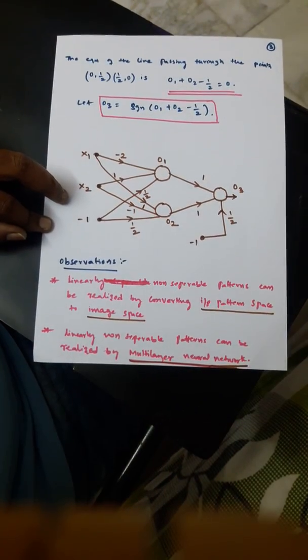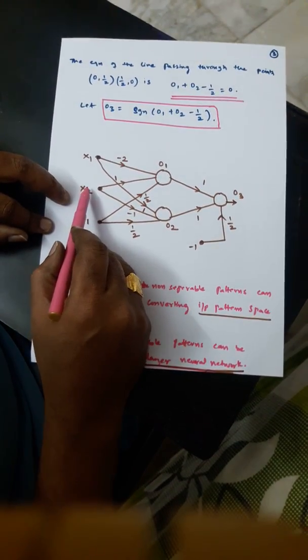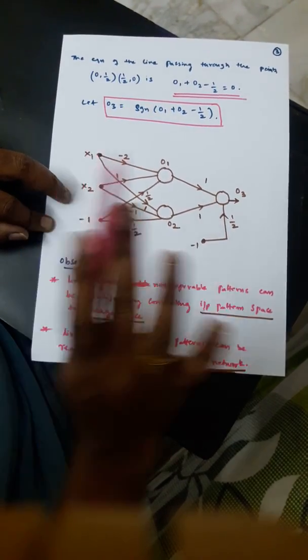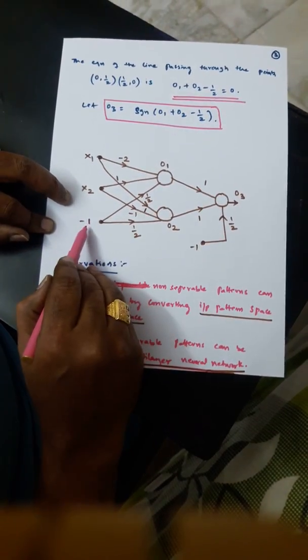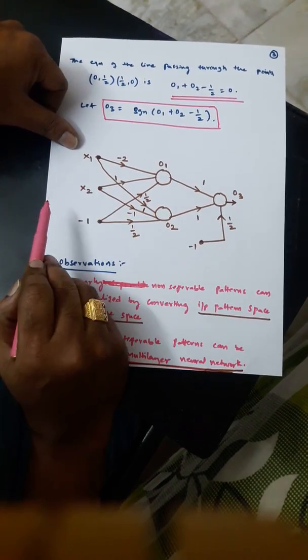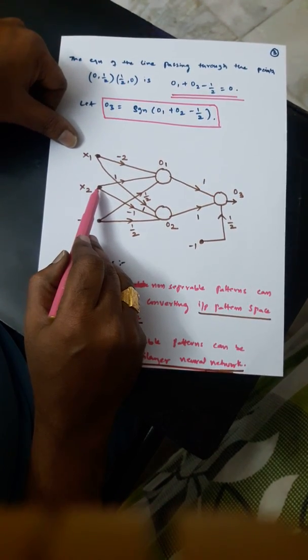For drawing the neural network, what are the inputs? x1 and x2. Let us confine to these two inputs. Later on we'll see what this minus 1 is. x1 and x2 are the two inputs.